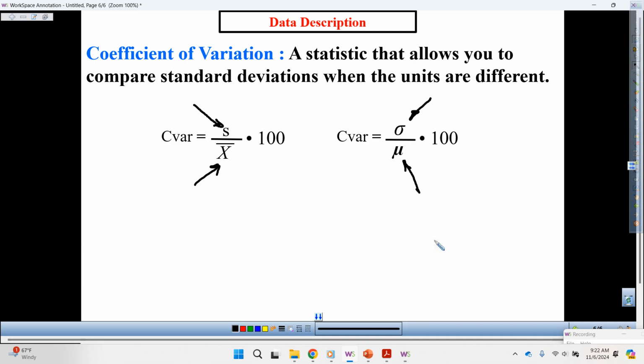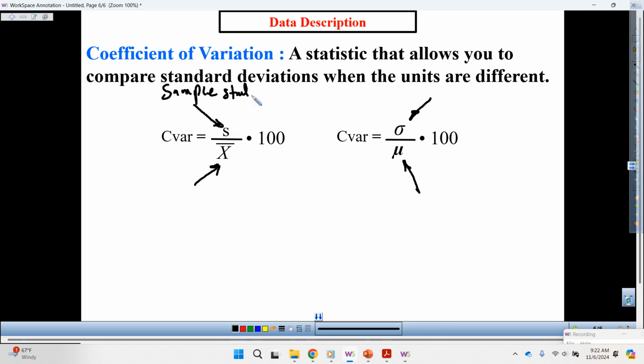All right, good. Martin, what does this one stand for? It doesn't have the square. Standard deviation, that is correct.